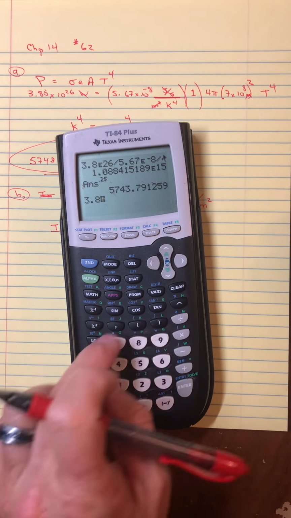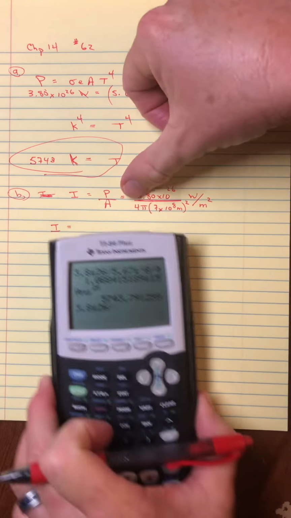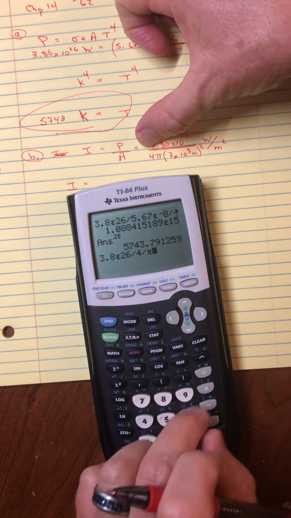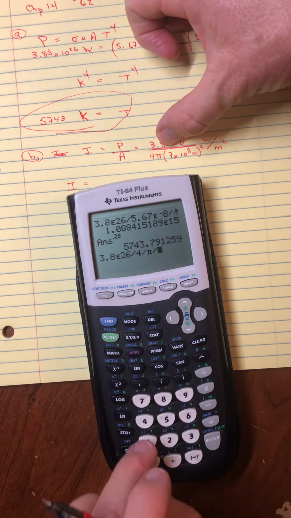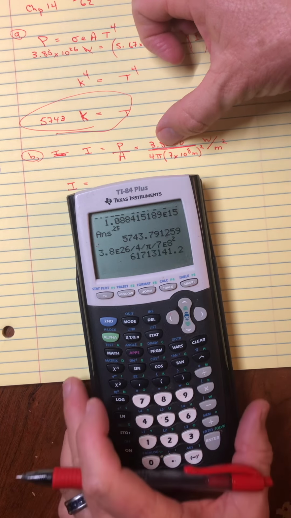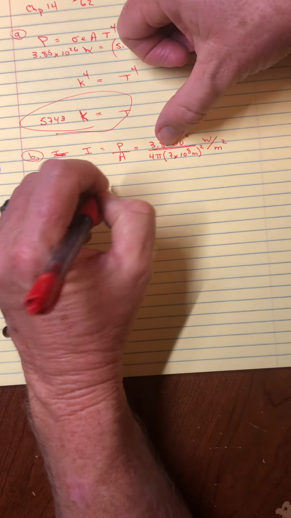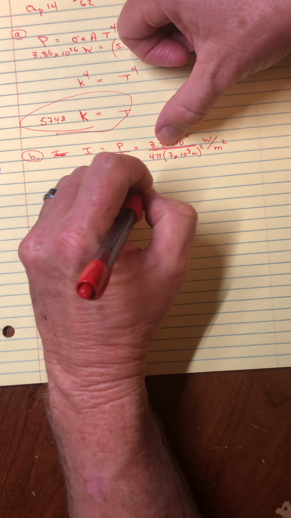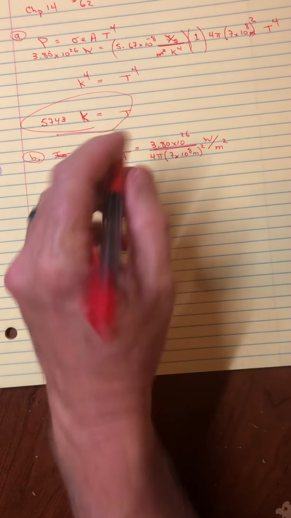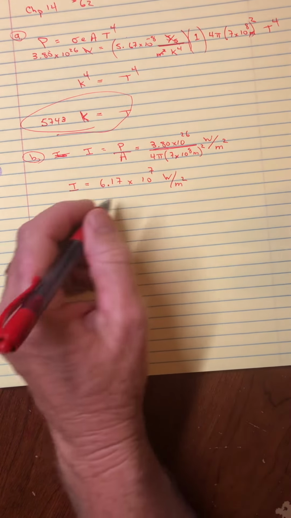So 3.8 times 10 to the 26, then divided by a 4, divided by a pi, divided by 7 times 10 to the 8th squared. And so the intensity is 6.17 times 10 to the 7th watts in 1 square meter.